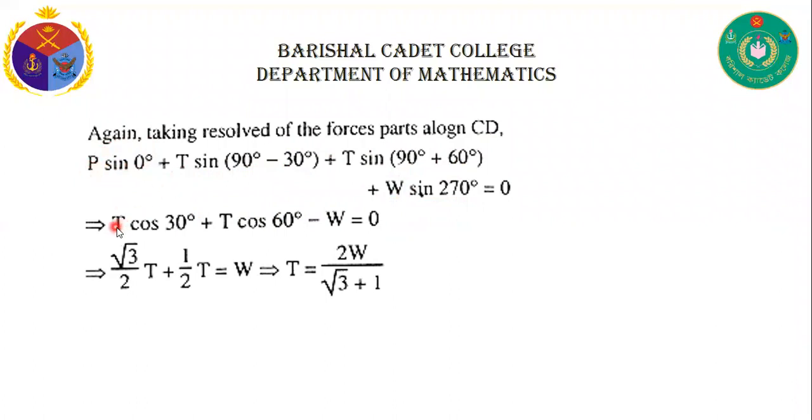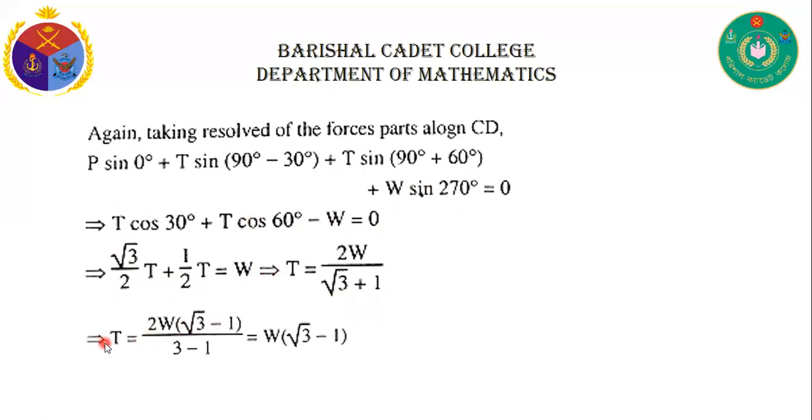So here T cos 30 and cos 60 minus W, sine 270 is equal to minus 1, that's why it is minus W equals 0. Cos 30 degrees equals root 3 divided by 2 T plus half T equals W. So now T equals 2W by (root 3 plus 1).